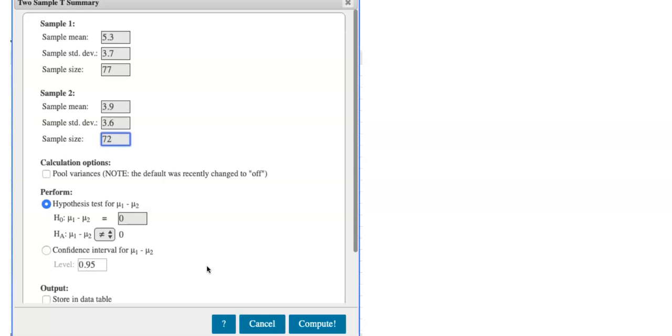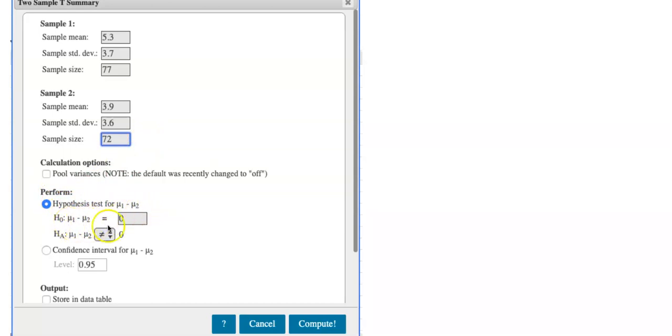And how many did they do? They did 77 female students, right? Similarly, the sample mean for the male students was about 3.9 yes answers, and the standard deviation was 3.6. It was a slightly smaller sample size, 72 students for the males. Now, not the confidence interval, but this time perform a hypothesis test for mu1 minus mu2.